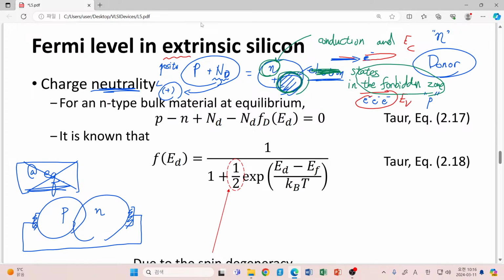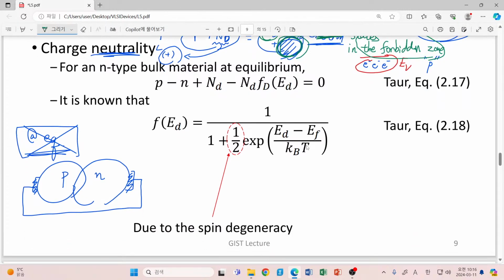Now let me just draw once again, and we are quite close to the end of our lecture. So let me just draw one diagram, and I will wrap up today's lecture. You can find it. Okay, here now EC and EV.